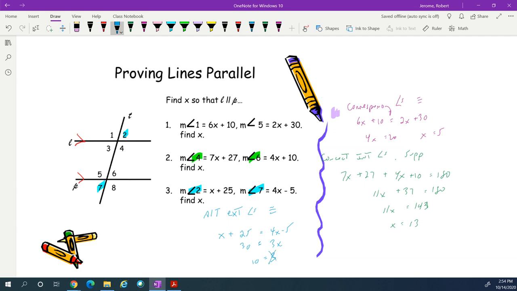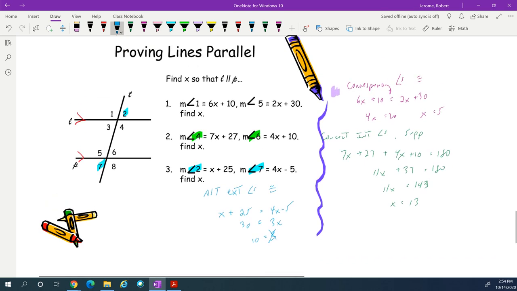And that's it. So proving lines parallel, and again, more than one way to do it, but this is the way we're doing it in this lesson, using the exact same skills of our angle pair relationships. Okay. All right, we'll come back with more.